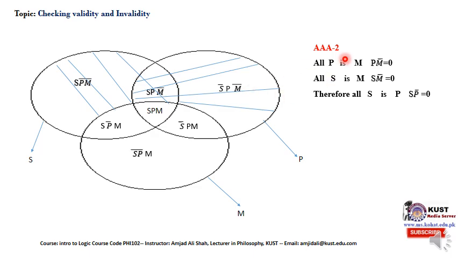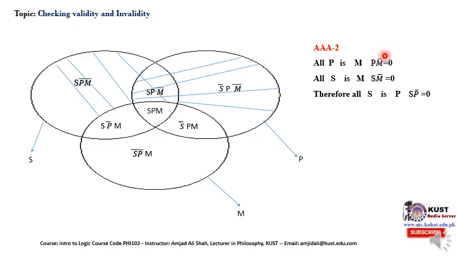So we have the argument which was previously in ordinary language, and now we converted it into symbolic language. All P is M, PM bar is equal to 0, all S is M, SM bar is equal to 0, all S is P, SP bar is equal to 0. Now these are the two premises, and this one is the conclusion.